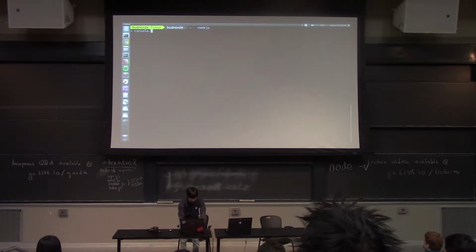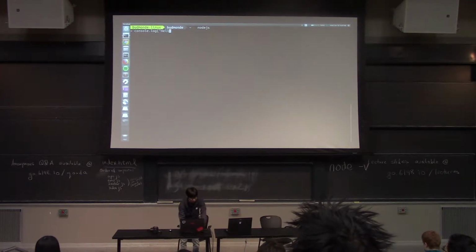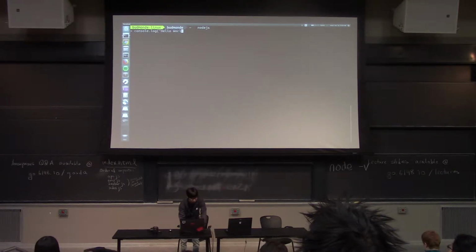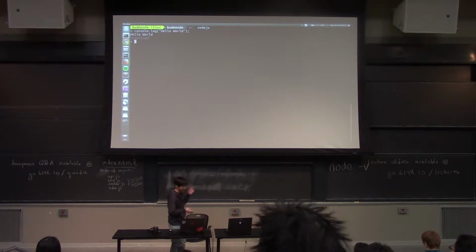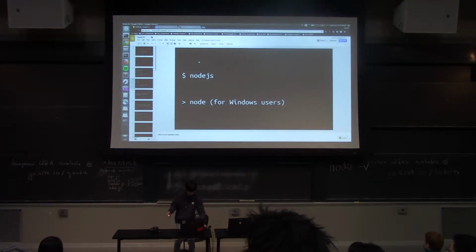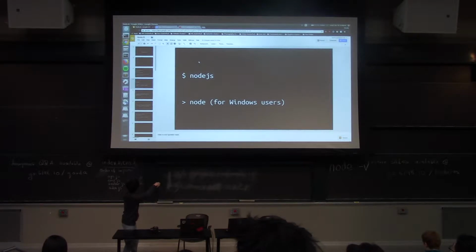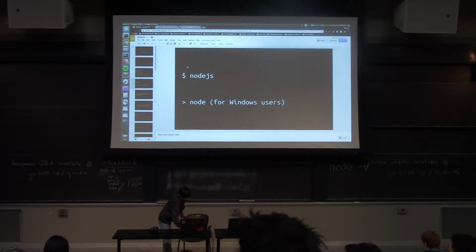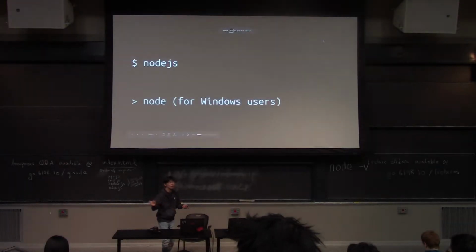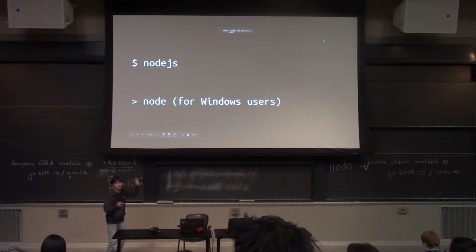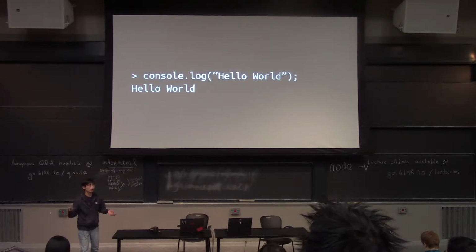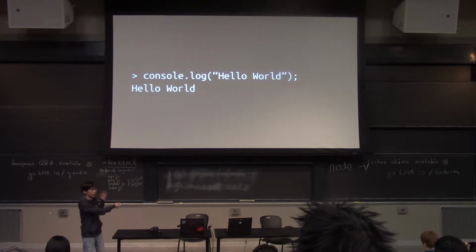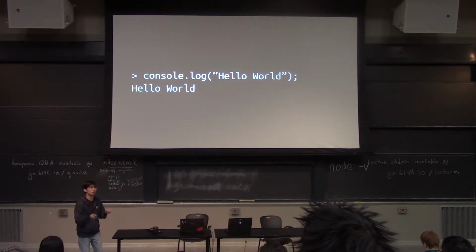So we can type, for example, console.log hello world, and it just prints hello world. I have no idea why it also prints undefined, but let's just figure it out. Sometimes it's one or the other depending on what you install. Just try both, whichever one works. This is just for demo purposes. We're never actually going to use the shell beyond this point, probably. In the shell, you can type console.log and all the JavaScript things you have been writing. Most of them will work.